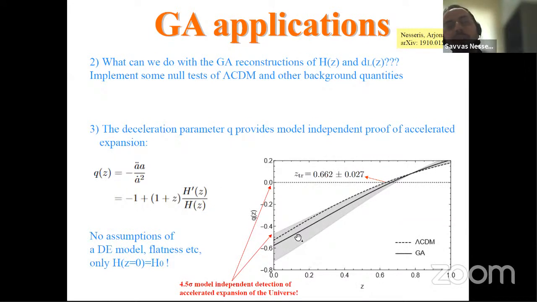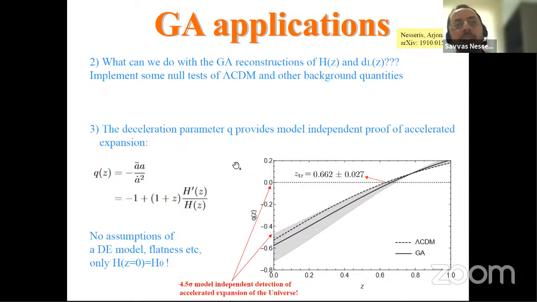And then you can get, for example, a 4.5 sigma model-independent evidence for the accelerated expansion of the universe. I mean, it's quite clear. And you can also measure the transition redshift from deceleration to acceleration. We found that it was 0.662 plus minus something. And for this, we didn't have to make any assumptions for a dark energy model or flatness or anything.